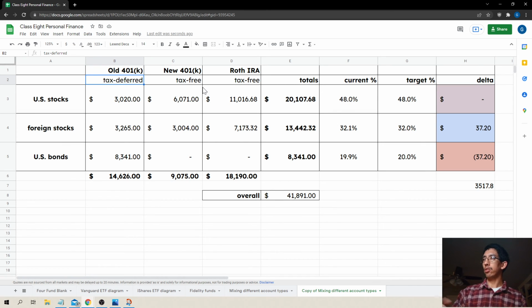So as long as you're talking about just tax-free and tax-deferred accounts and you're not adding a taxable situation into here, then the simple recommendation, I can't say it's financial advice, this is not advice, right, is to have your bonds in the tax-deferred side.